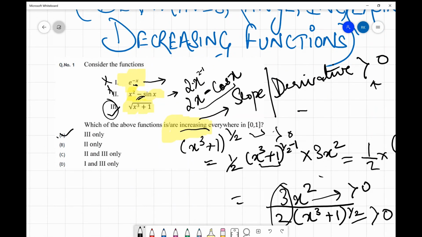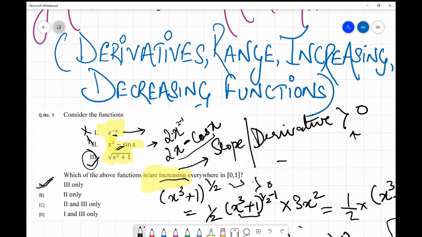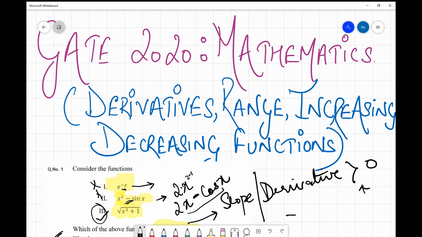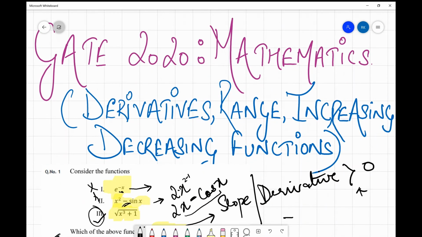Therefore we can easily take option A for this question. This was a very basic question from the topic of mathematics, derivatives basically, and you'll find some more mathematics questions in the paper, but generally they occupy a very small proportion.